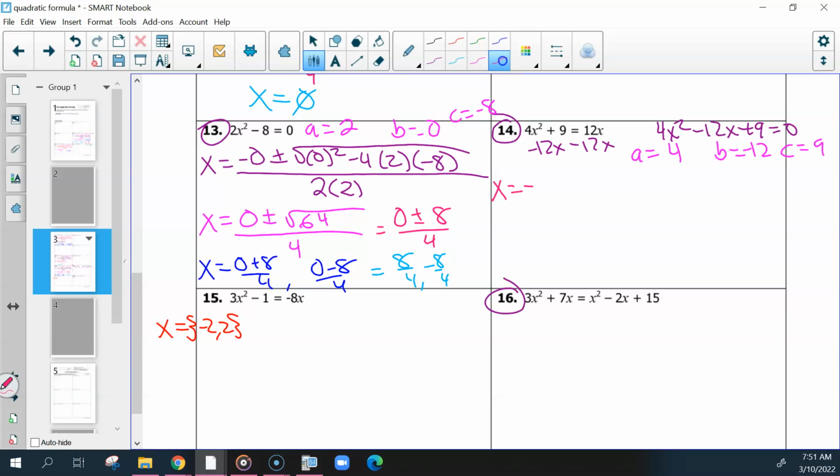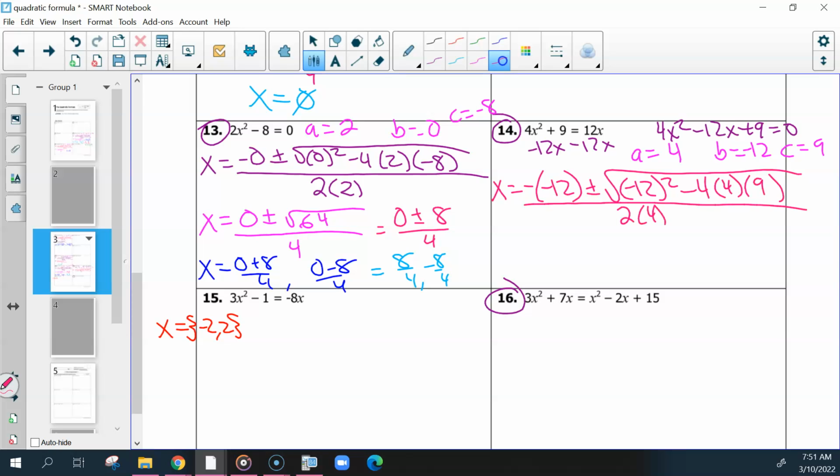X equals negative B plus or minus the square root of B squared minus 4 times A times C all over 2A. And find the number underneath the square root. Zero.